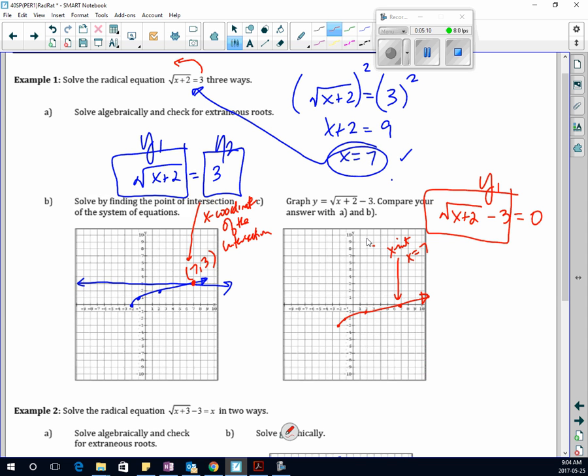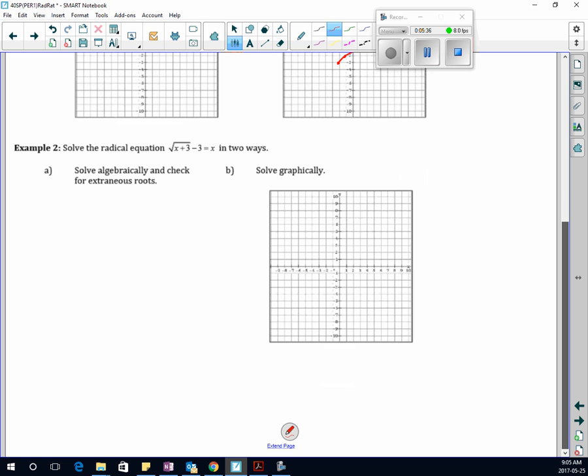And so you need to actually say, and you can't just say it's the intersection of the two, the line and the curve. You have to say it's the x coordinate of the point of intersection. In the third method, you have to say it's the x-intercept of the curve, right? Okay? Okay, so we're going to do this one.